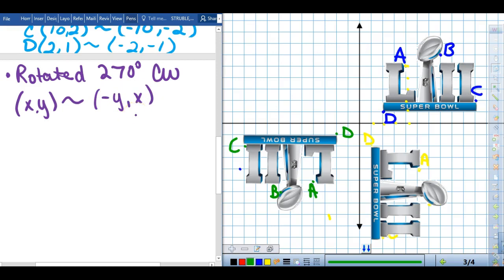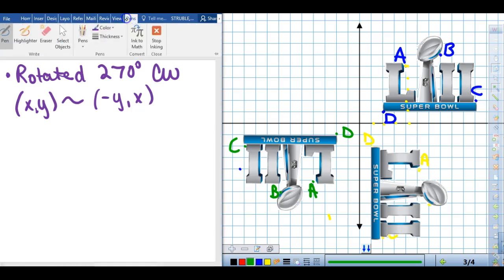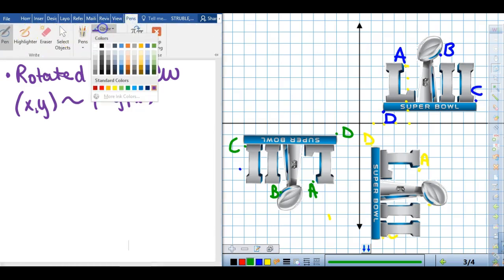Okay, so in the new x position, we have our negative y value. In the new y position, we have our x value. All right, do some examples again, because sometimes this negative y, x stuff can get quite confusing.